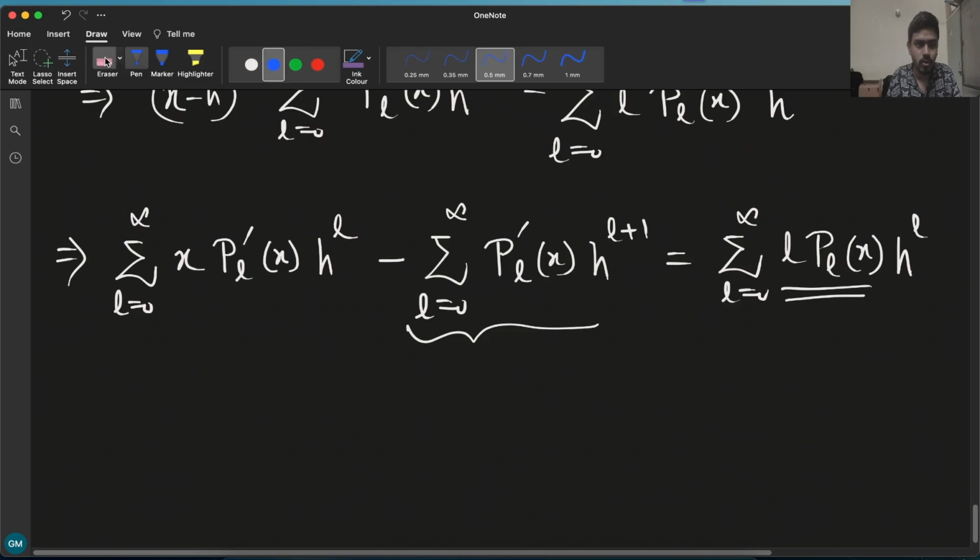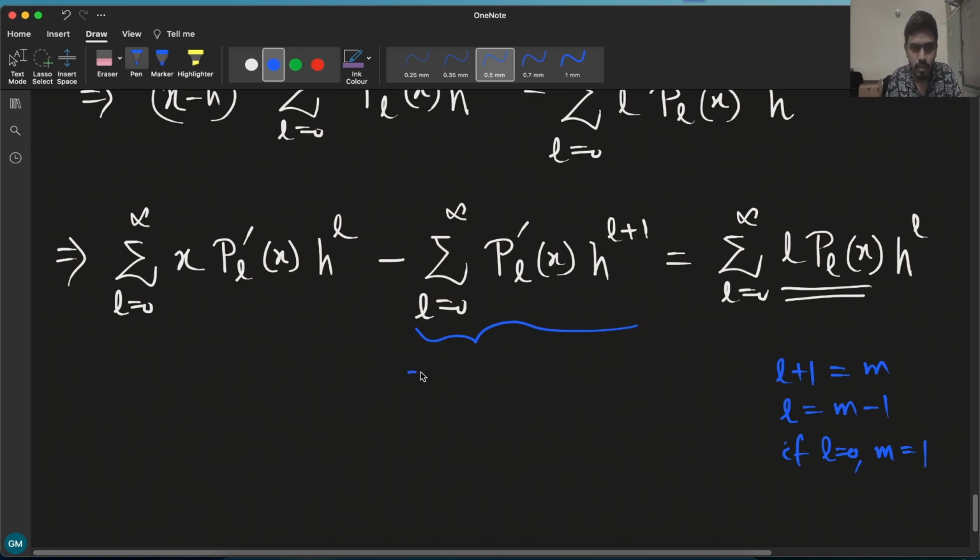So okay, let me write and use a different color. Then L plus 1, I will write it as m, then L equals m minus 1, and if L equals 0, it means m equals 1, right?